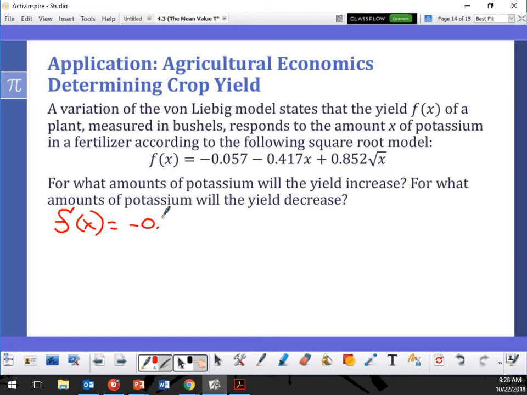Negative 0.417 plus 0.852 over 2, right? Okay. Times x to the negative 1/2, right?